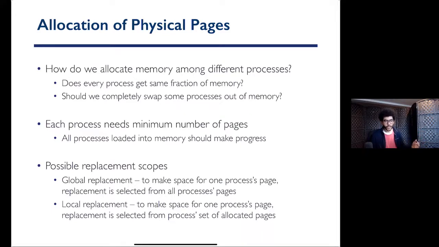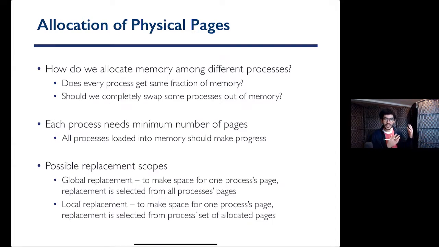An alternative to this is to make sure that the replacement policy only picks a victim from the same process. So if the memory is full and I need to find a victim, I'm going to find a victim among your own pages. I'm not going to go and find a victim from somebody else's pages. So this is one thing that has to be considered. It's not just how much memory you initially give processes.